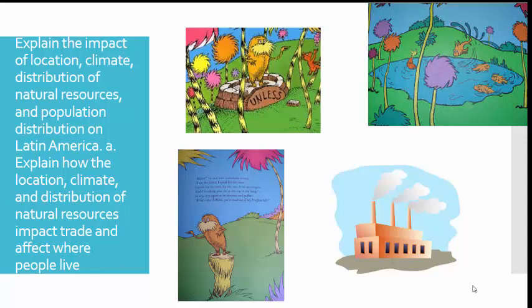So for instance, this standard dealing with Latin America: explain the impact of location, climate, distribution of natural resources, and population distribution in Latin America. Explain how the location, climate, distribution of natural resources impact trade and affect where people live. You will see examples of all of these things in the Lorax, and your students can provide those examples to explain how the standard works.